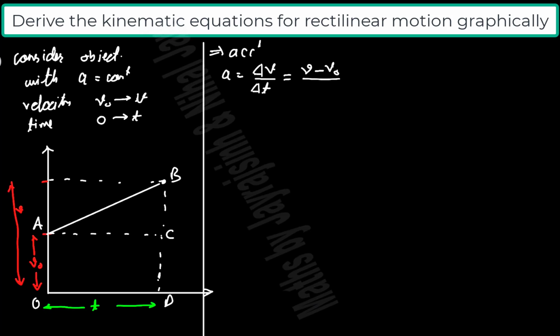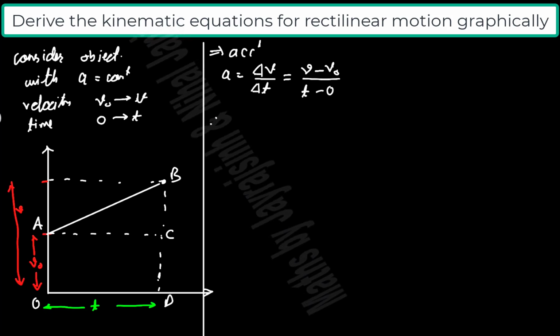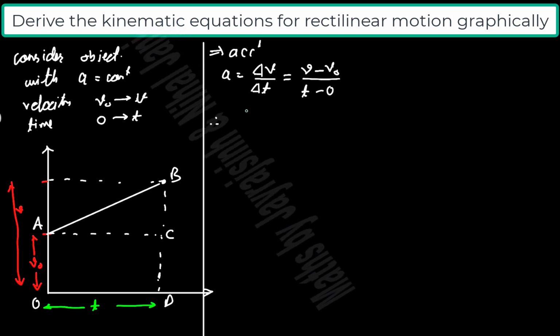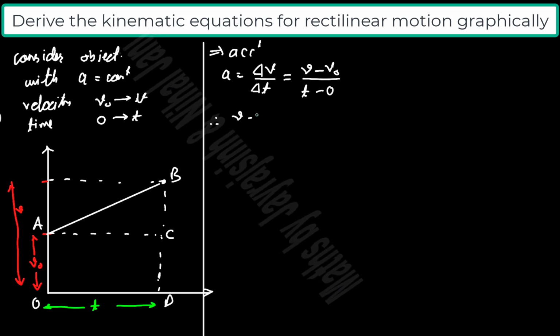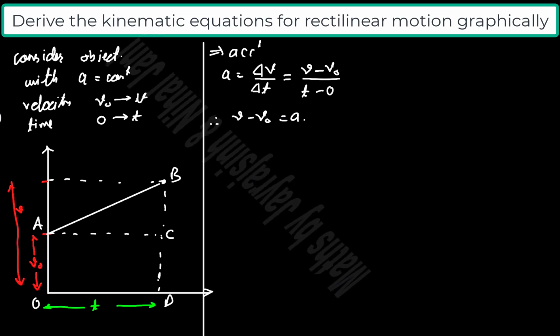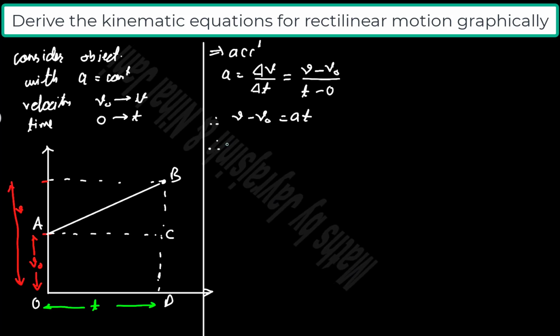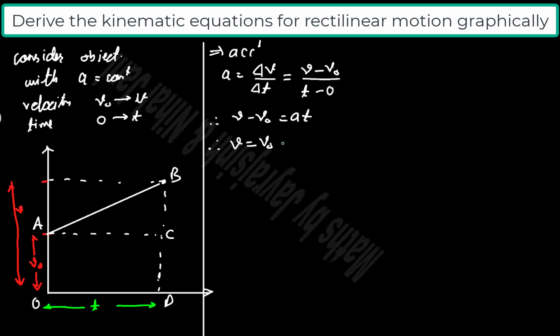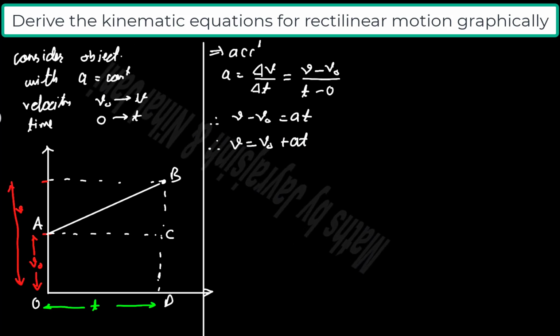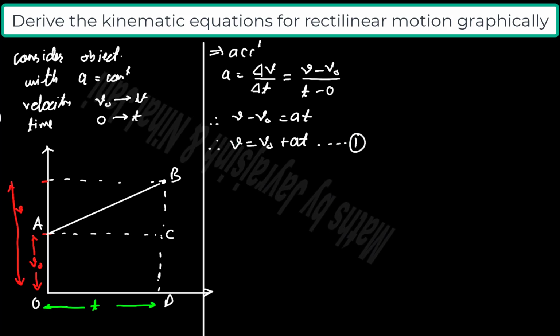So the change in time will be t minus 0. If we move t to the left side, we will get v minus v0 is equal to at, or we can say v equal to v0 plus at. This is your first equation of motion.